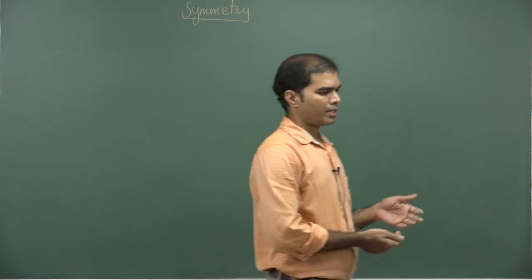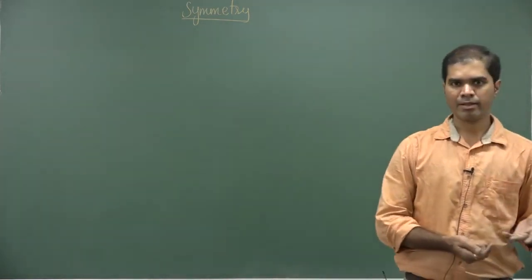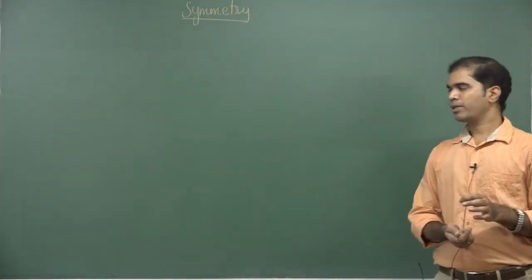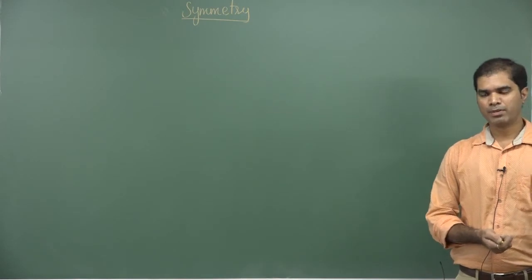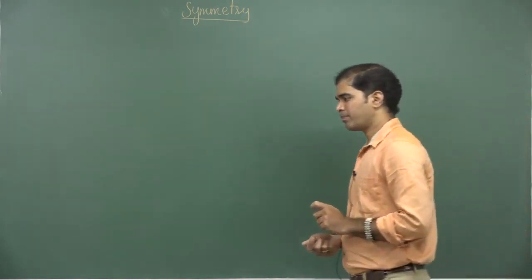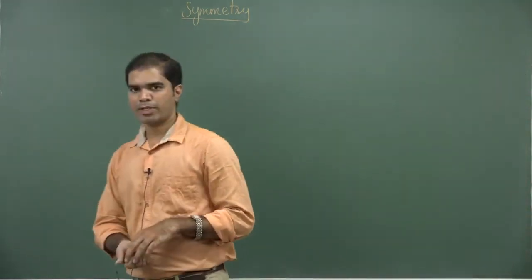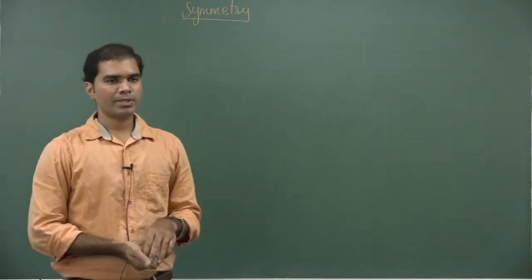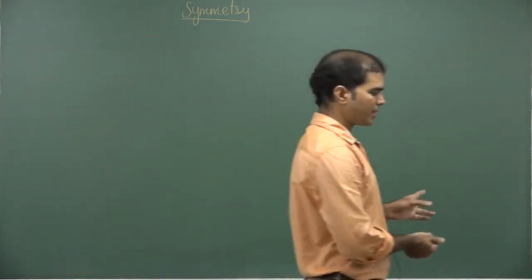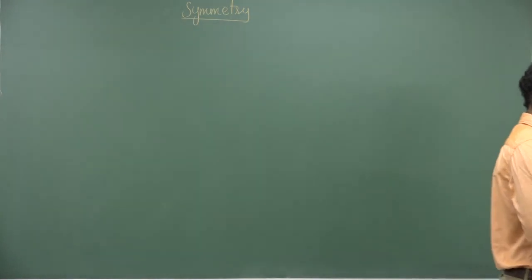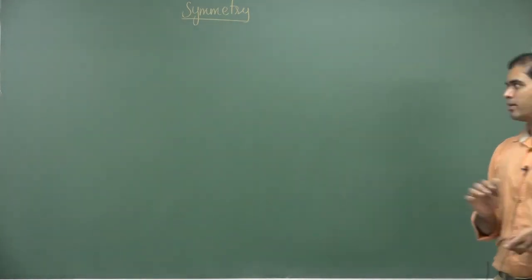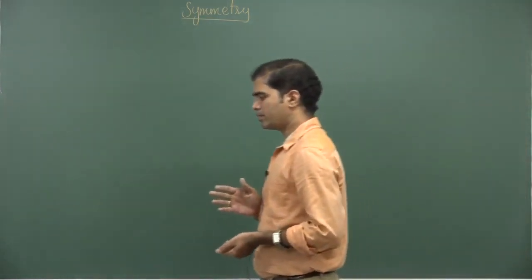Suppose the molecule has more than one plane, is there any need to differentiate or label them? The answer is definitely yes. Once you have more than one rotational axis, we differentiate them. Likewise, once we have more than one plane, we will also try to differentiate them.